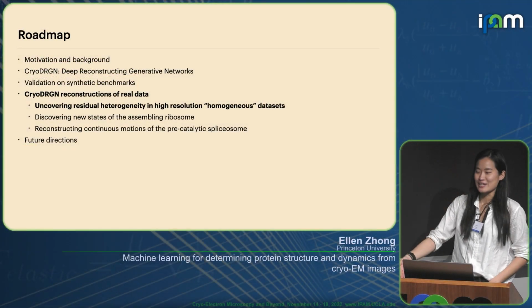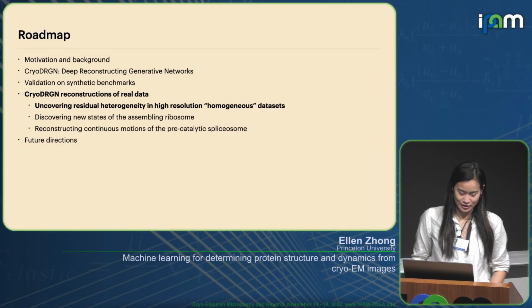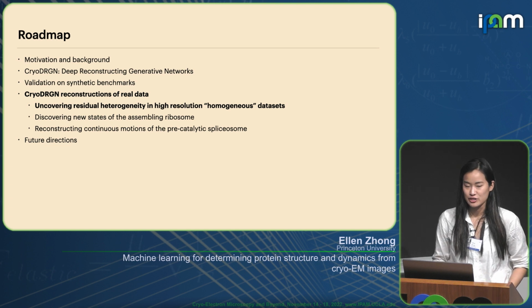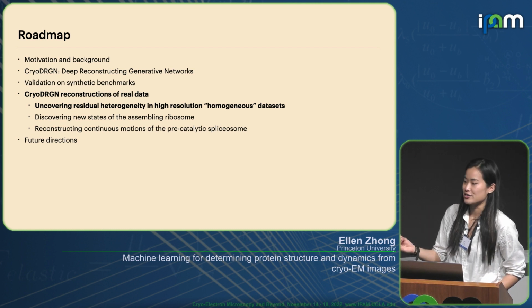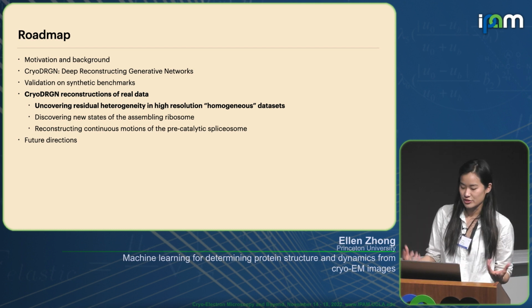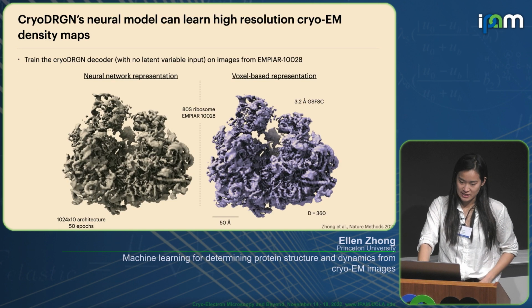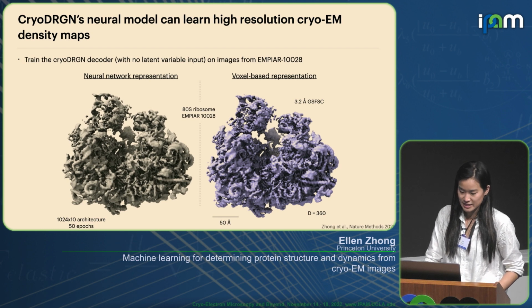The next direction was really evaluating this on real data. So there's a couple of vignettes that I wanted to share. The first being applying CryoDragon to learn homogeneous structures and then to uncover residual heterogeneity in these data sets that are originally homogeneous. So the first data set is this Plasmodium falciparum 80S ribosome, or EMPIAR-10028.